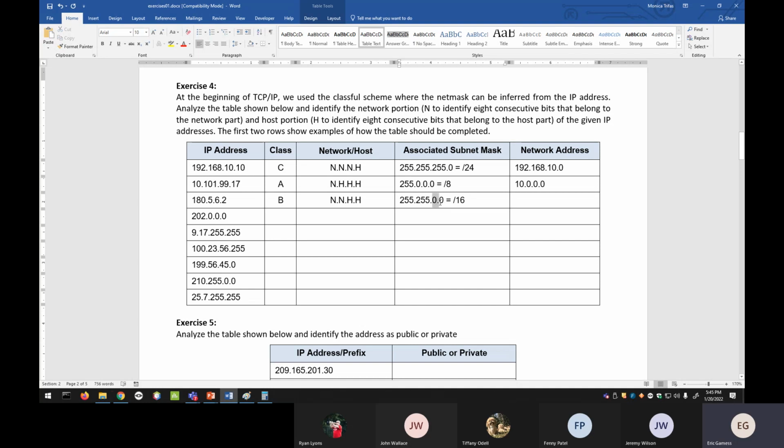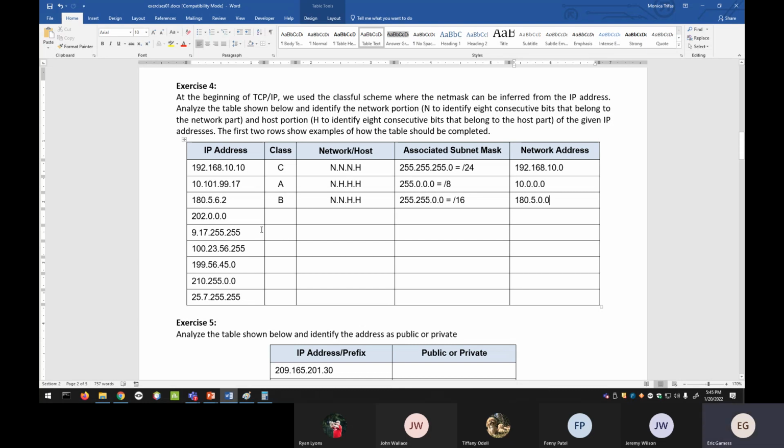And you put in 0 the last 2 bytes. So if I keep the first 2 bytes as they are, I will have 185, and the last 2 bytes 0, 0. So that will be the network address associated with this IP address. Is it okay?